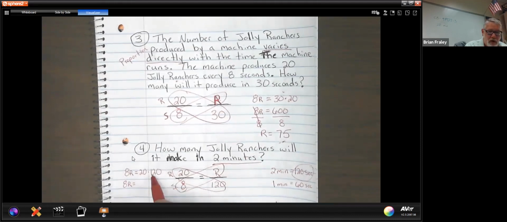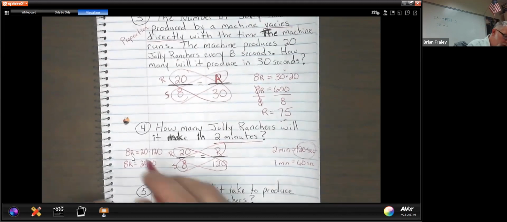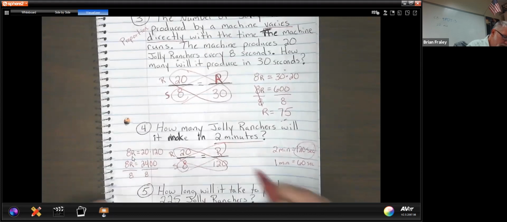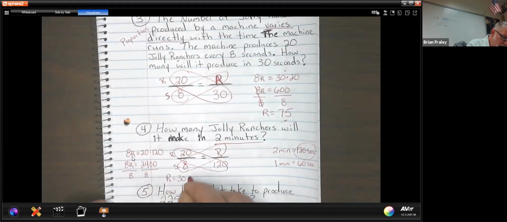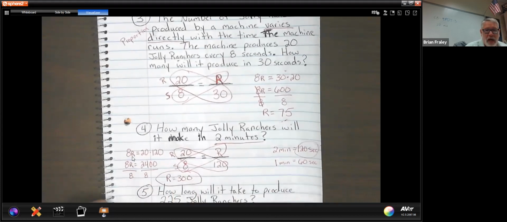I know 2 times 12 is 24, and then add the 2 zeros on it. So it's 2,400, right? And then if they're multiplying by 8, we divide by 8. I'm running out of room, but I know 8 goes into 24 3 times, so 2,400 would be 300 times. So we have 300 Jolly Ranchers in 2 minutes.